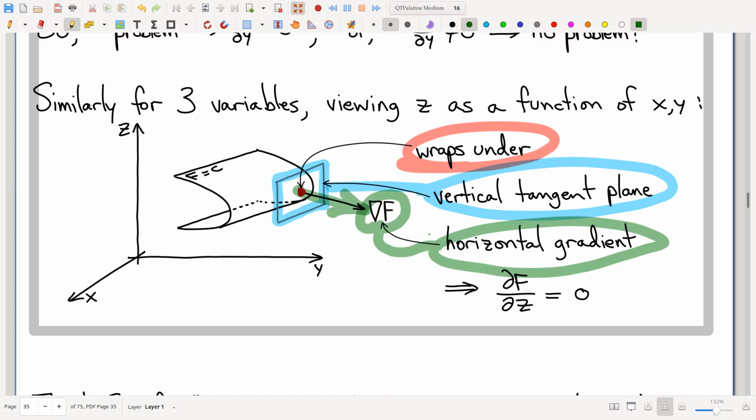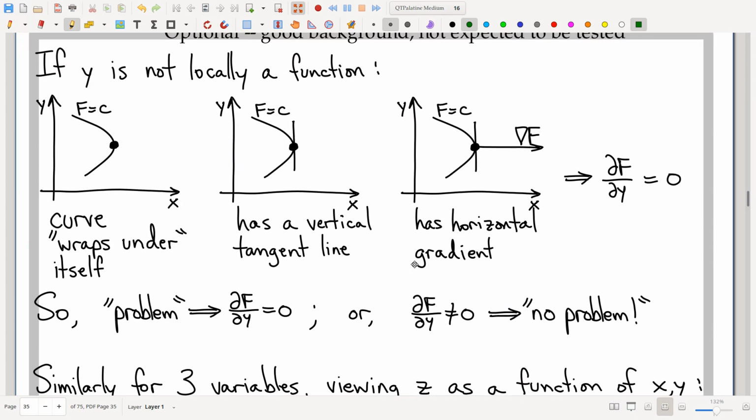That means the partial of f with respect to z is 0. Is that cool? That's recognizable reasoning, right? It's a morally equivalent argument. It's geometrically different because, well, it's three-dimensional. Now we're talking about a surface instead of a curve, but it's a lot like the argument we made here.